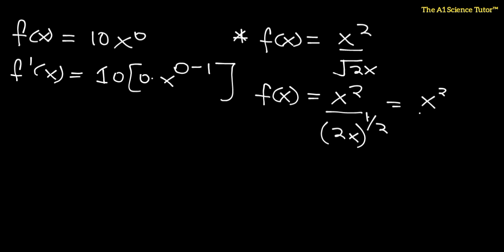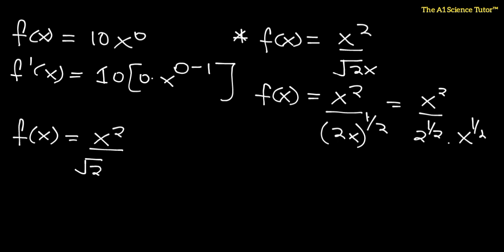So that will be x squared, and this is divided by 2 raised to the halves multiplied by x raised to the halves. Now, I need to rewrite it on this other side. So this is x squared over root 2, and this is going to be x raised to the power of 1 over 2. So I need to take this one and bring it up.